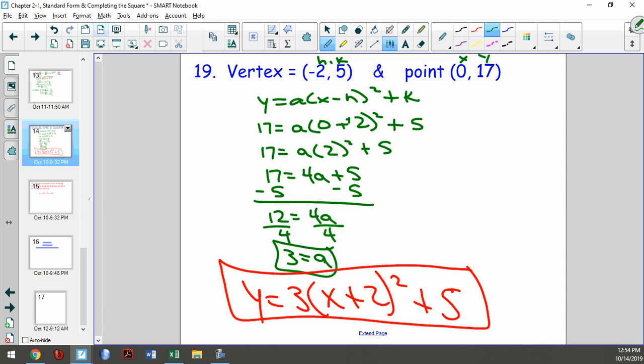There's the equation that goes through the ordered pair 0, 17 with a vertex negative 2, 5. You had to find A, which is your stretch or compress, to be able to do that. Do we all understand that? Yes, sir. Yes. Yep.